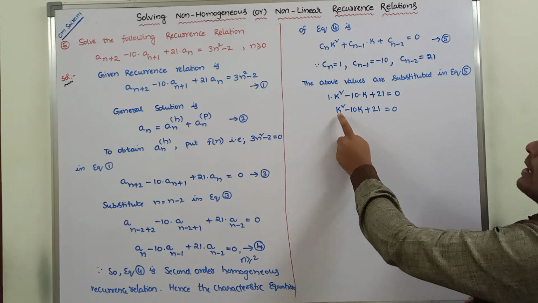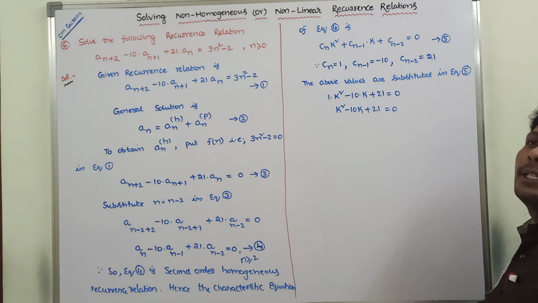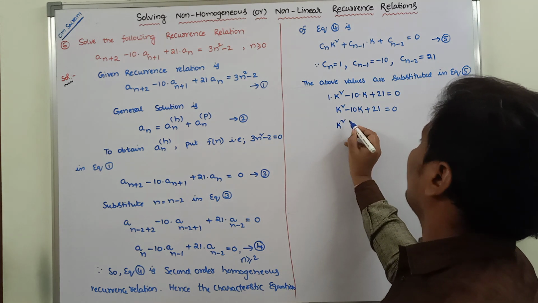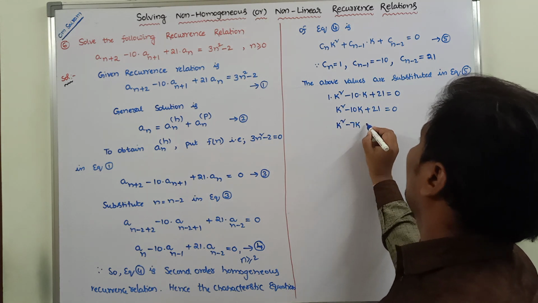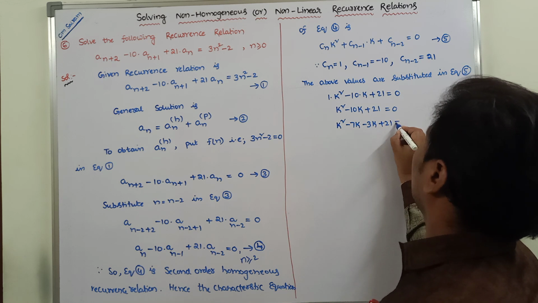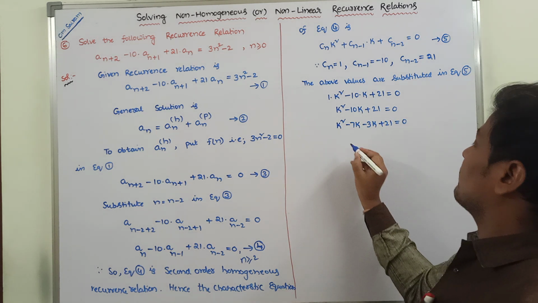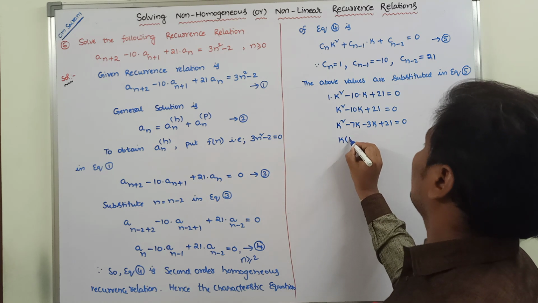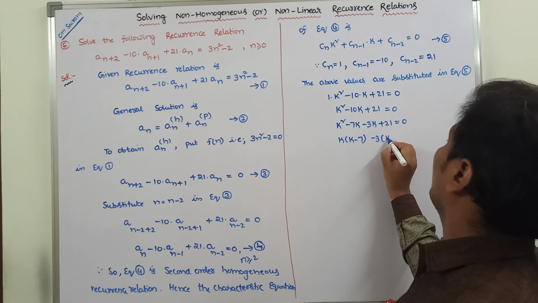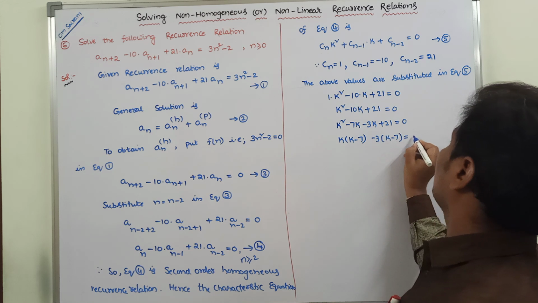So here 21 into 1, that is 21. 21 can be written as minus 7 into minus 3. Okay. So that is k square minus 7k minus 3k plus 21 is equal to 0. Next one, k into k minus 7 minus 3 into k minus 7 is equal to 0.